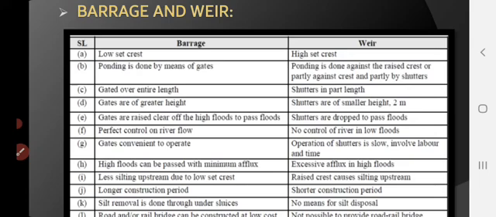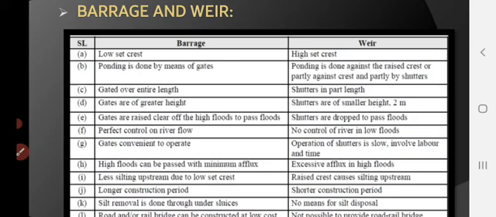That's why sometimes weir is constructed with a weir wall with shutters. Third point: gated over entire length, barrage, right? Shutter in part length. Gates are of greater height, shutters are of smaller height. Gates are raised clear of the high flood to pass over it, shutters are dropped to pass through.